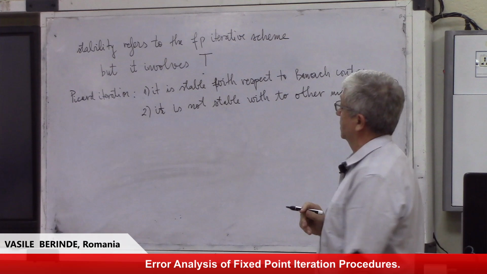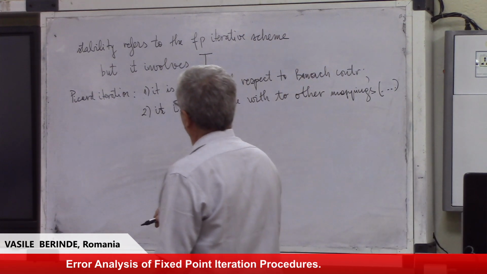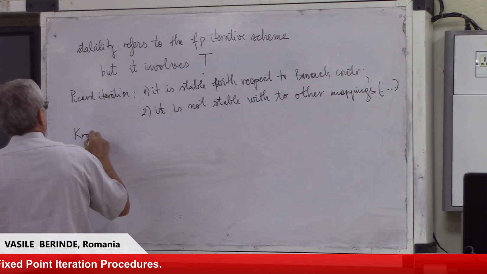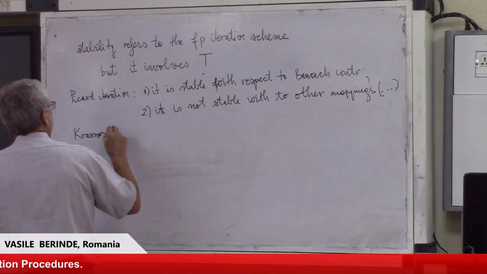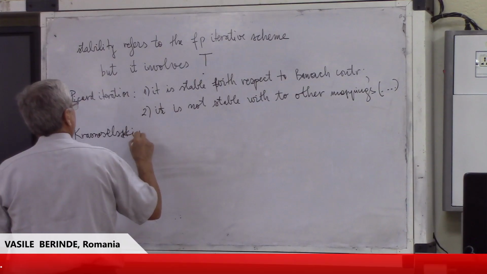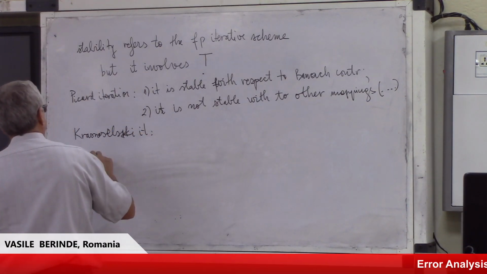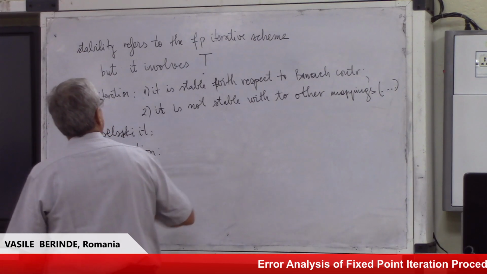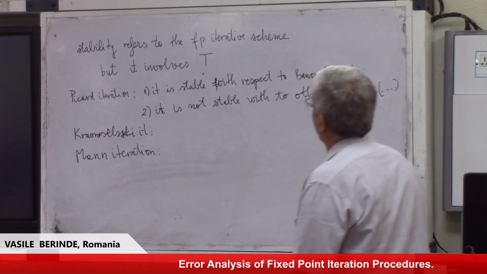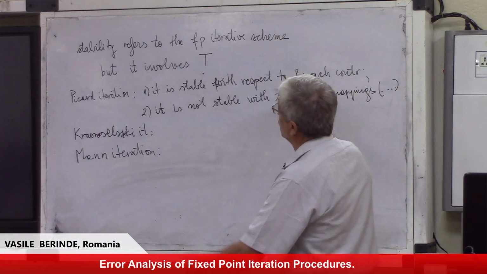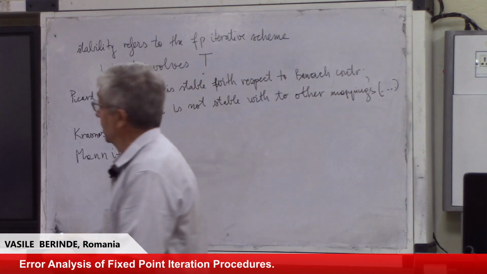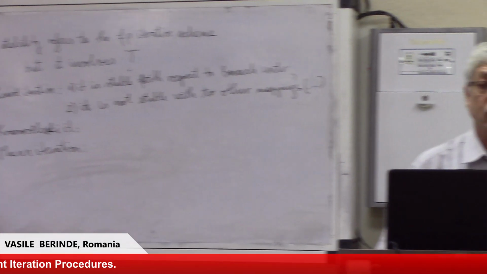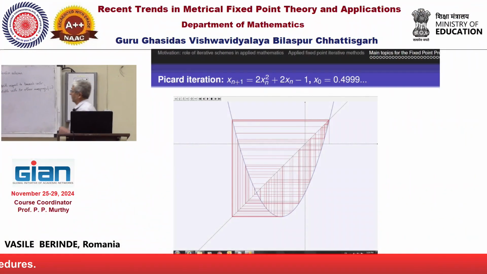Here there is a big consistent literature. The problem was also studied for Krasnoselskii iteration, for Mann iteration, and there are many papers dealing with which classes of mappings ensure the stability of the method. Going to the example I have given you, what does it mean?